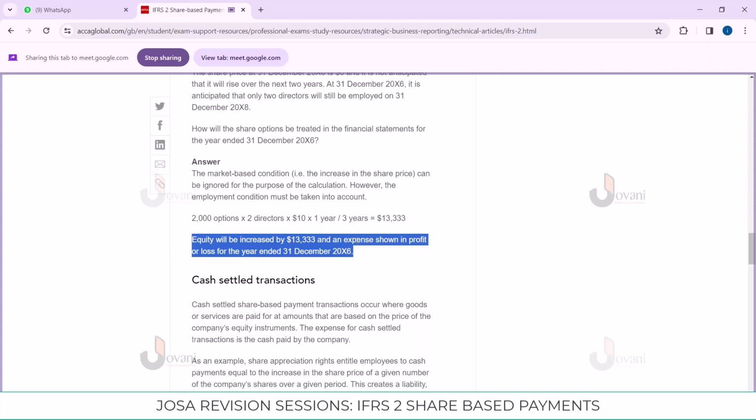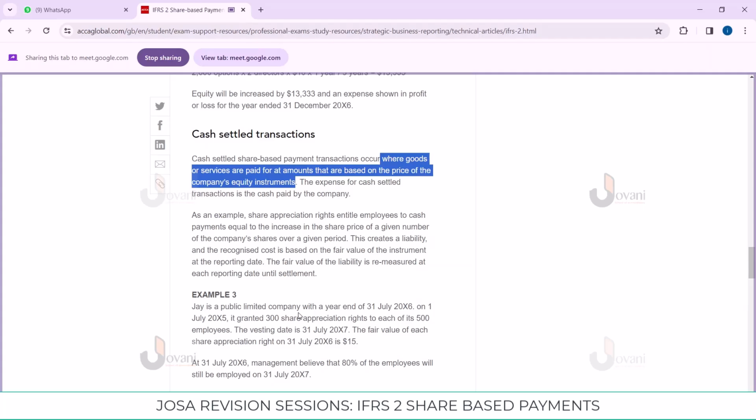Cash settled share-based payment transactions occur where goods or services are paid for at amounts that are based on the price of the company's equity instruments. You give us your asset, your car, we give you money based on the price of our equity instrument. The expense for a cash settled transaction is the cash paid by the company.